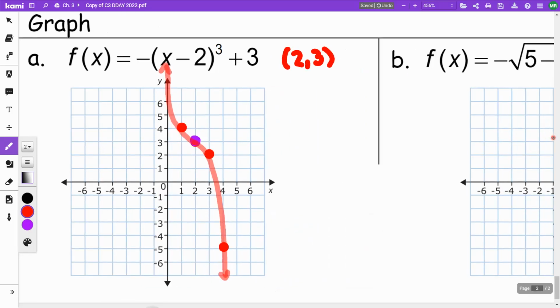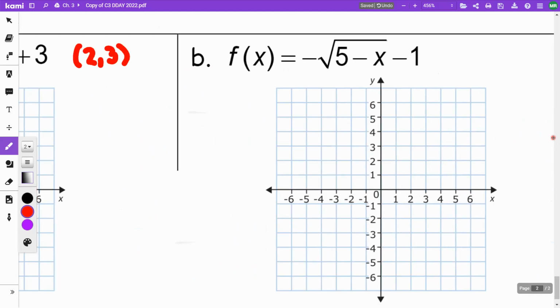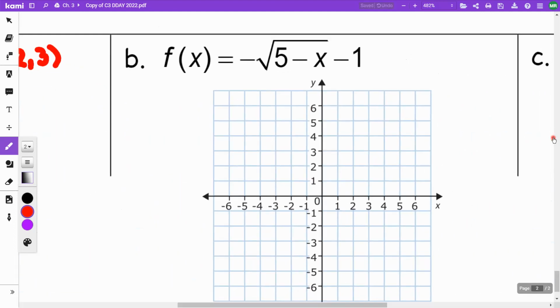Okay, on B, this is a square root graph. And for the square root graph, we have to be careful. A couple things. A normal one would look like this, the square root of x.